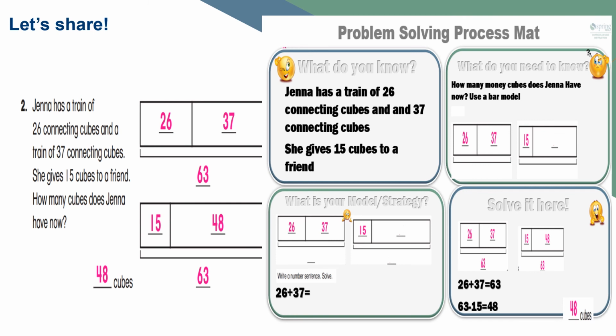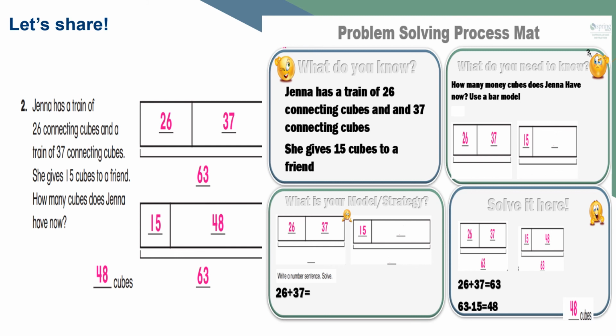In step 4, where we solve it, we're going to do 26 plus 37. 6 plus 7 gives me 13, and then I have to regroup and carry the 10 over to the tens place. So 2 plus 3 gives me 5, plus that 10 gives me 6. So altogether she has 63 cubes.